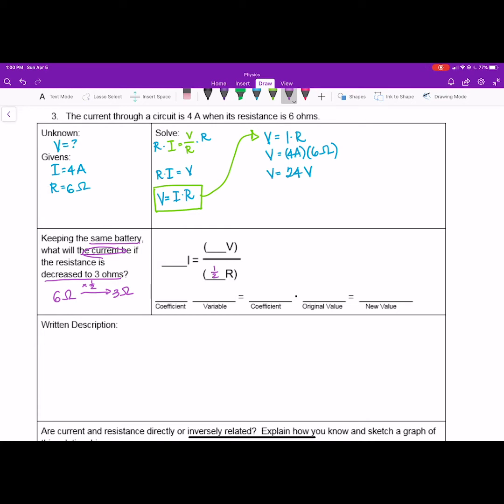We're going to keep the same battery. That means 1 over 1/2 is going to give us 2. So our current will be twice as much. Current is originally 4 amps, and 2 times 4 amps is going to give us 8 amps.